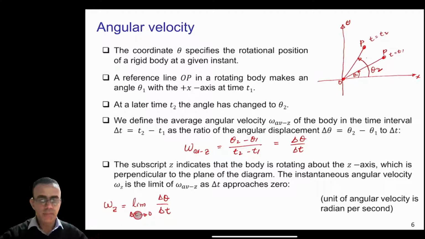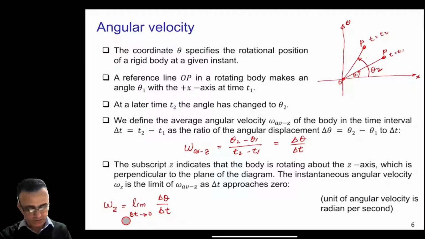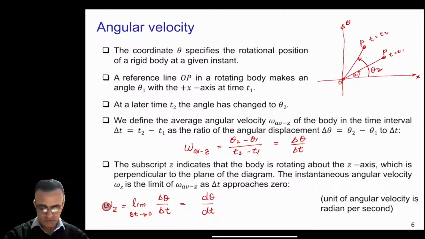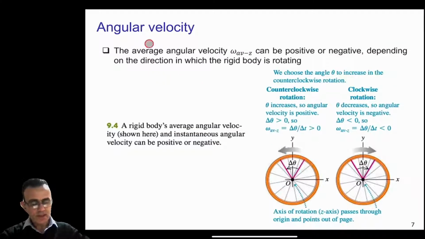We know this is the definition of a derivative, so you can write it as d theta divided by dt. The omega z, the instantaneous angular velocity, is just the derivative of theta with respect to time.